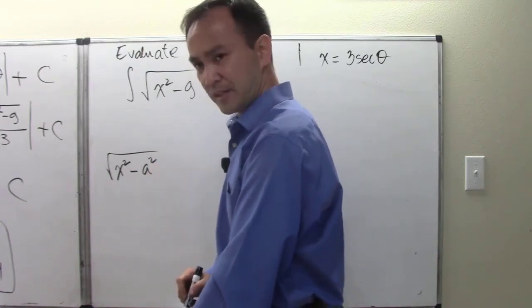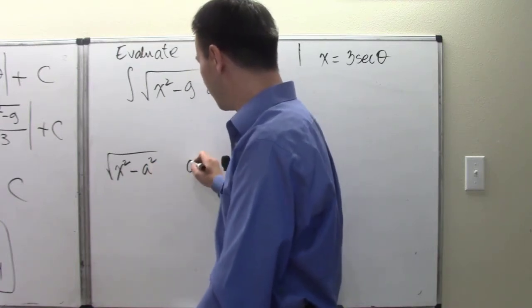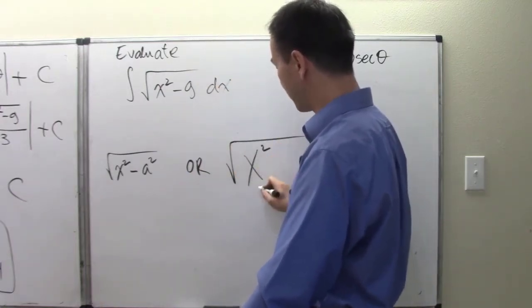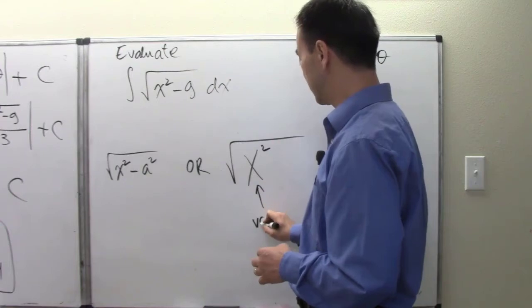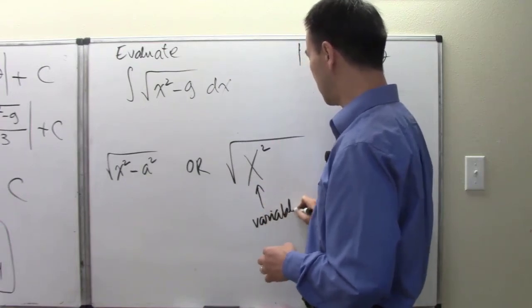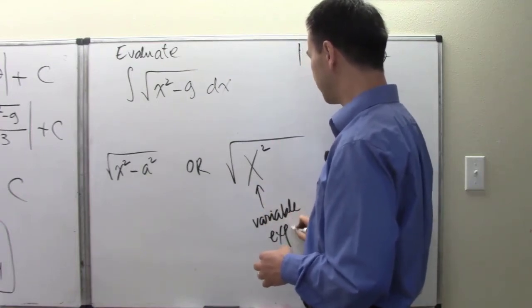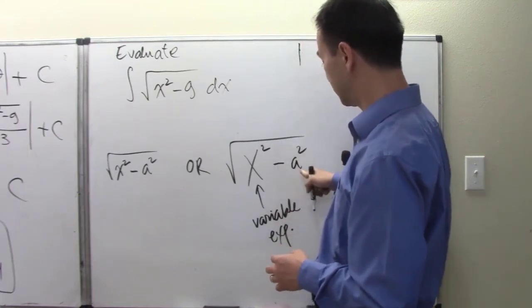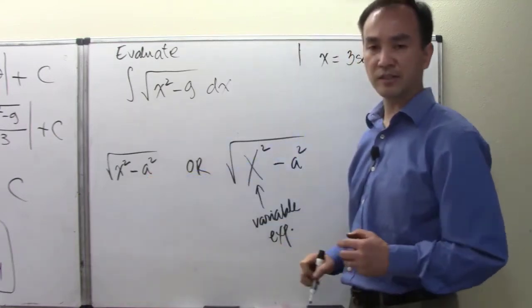Or more generally, this could be a variable expression of x, and then minus the constant term. So that's a constant. That's the generality right there.